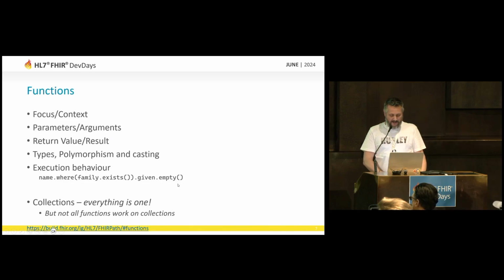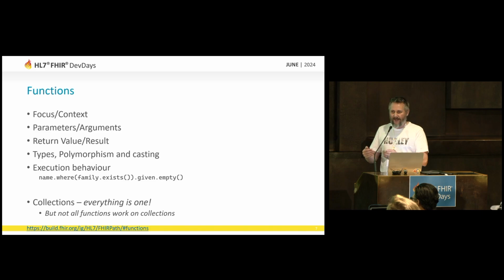And with this particular example, which is similar to what we had before, we have where name.family.exists.given.empty. If I get to this point and there are no given properties, so if this first half produces no results, so there were no names that have a family in there, we still have a look and say, are there any givens? No. Empty set in, empty set out. And then we've got this function .empty, which is running on that empty collection, and therefore it returns true.